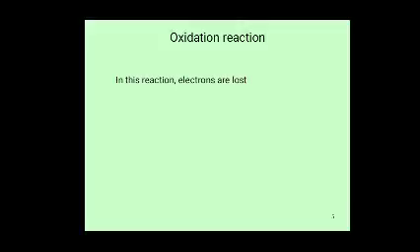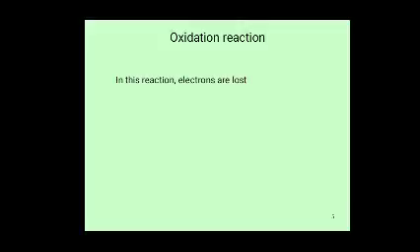Why is there a transfer of electrons between the atoms? When atoms are unstable, except the inert gases: helium, neon, argon, krypton, xenon, radon. These are all stable.